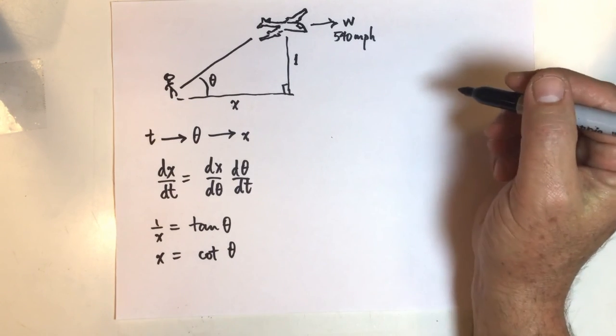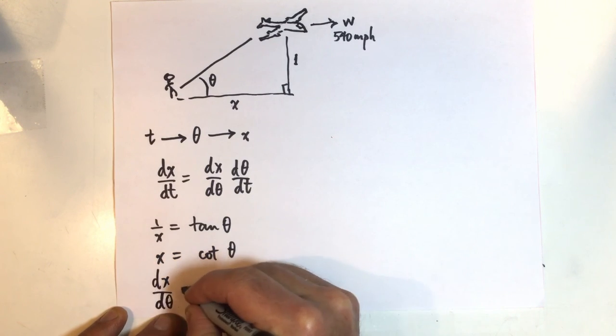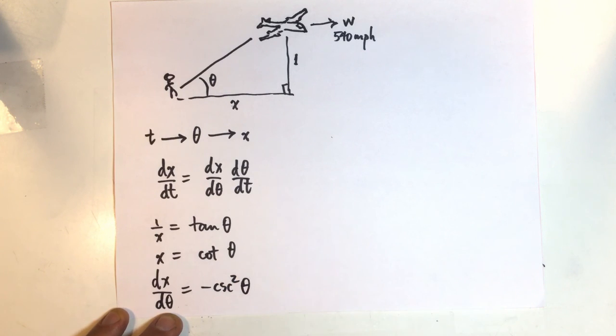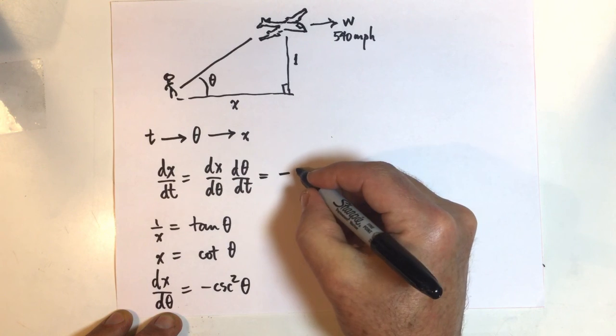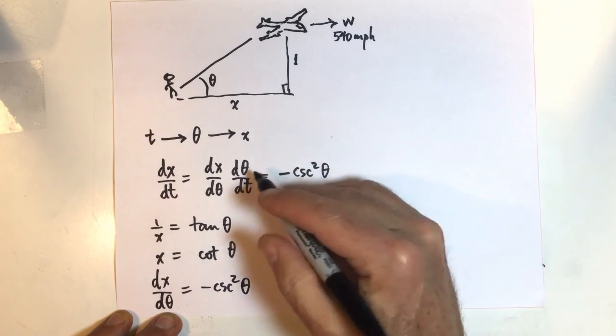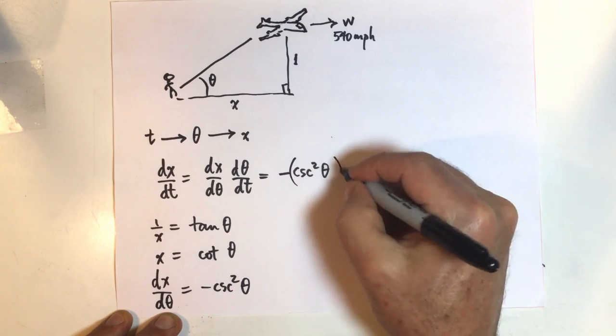Now, let's take the derivative, dx by d theta. Just have to remember that that's minus cosecant squared theta. If I substitute that in here, minus cosecant squared theta times d theta by dt is the unknown quantity.